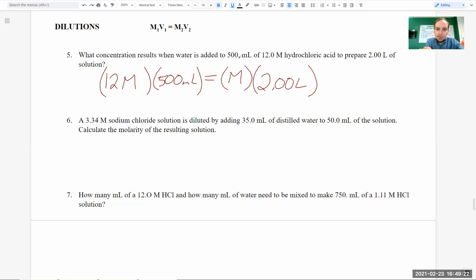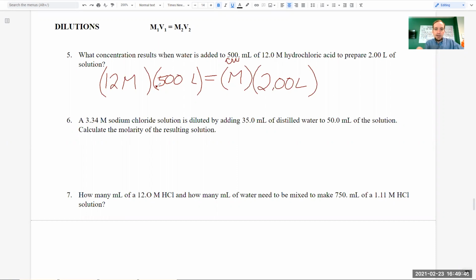The easiest way to do that, of course, is to move the decimal 3 spots to the left, or basically divide by 1,000. So I'm going to move this into 0.5 and take out this milliliter. Now we have the same volumes. The volumes must match. It doesn't matter if they're both milliliters or both liters. Mathematically, they just need to be the same.